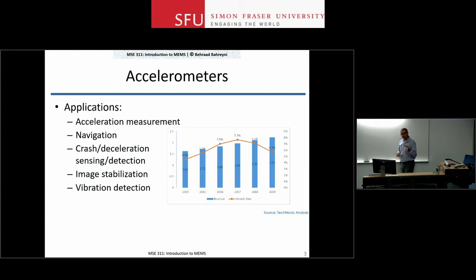Vibration detection is another application area for accelerometers. In this case, we are interested in knowing what is happening in the environment in terms of vibrations. Vibrations are essentially high frequency acceleration. You can think about it as the distinction we made between pressure and acoustic signals.